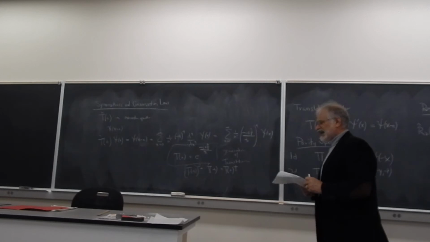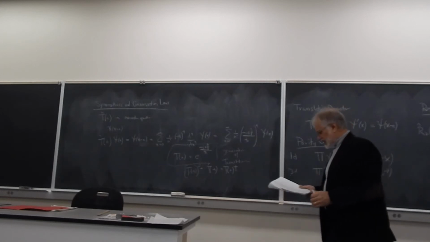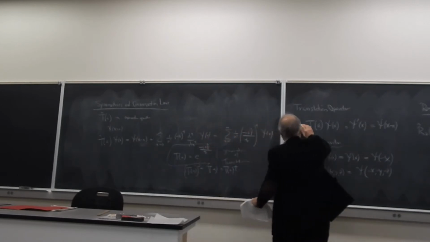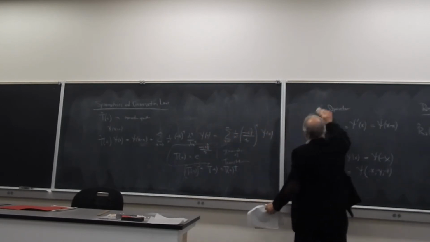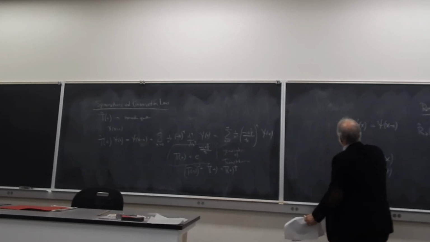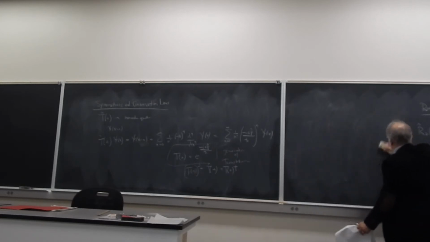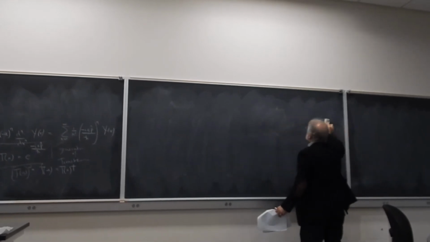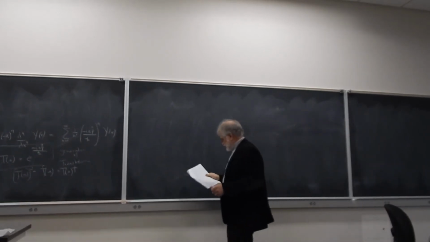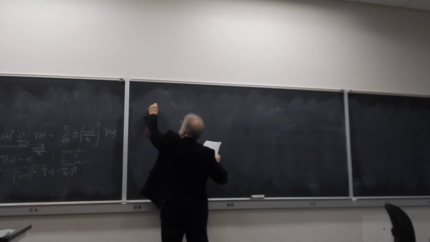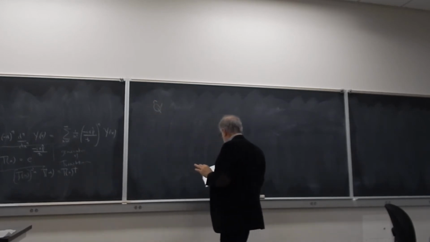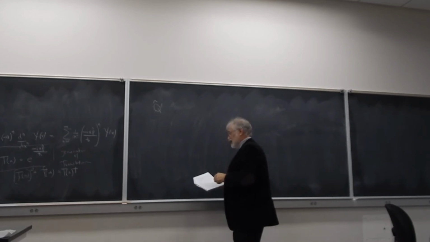Well, now the question becomes, how is it that we translate an operator? Let's address that. Suppose I have some transformed operator, Q prime, and it gives the same expectation value as the untranslated state.